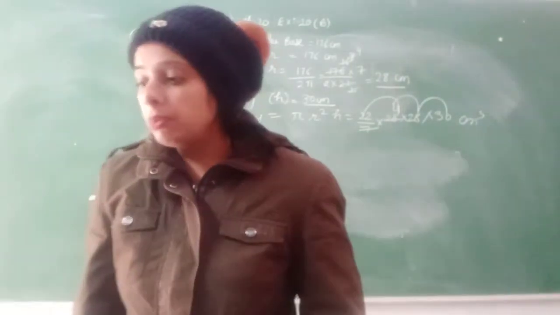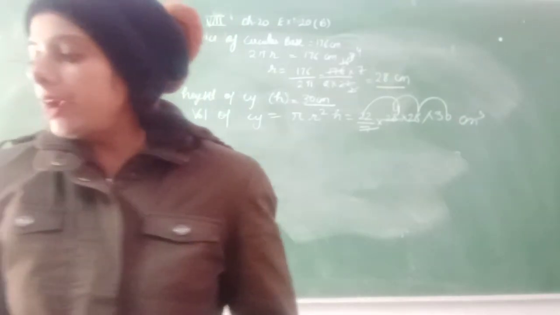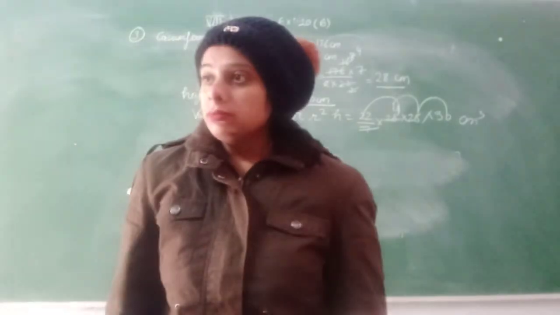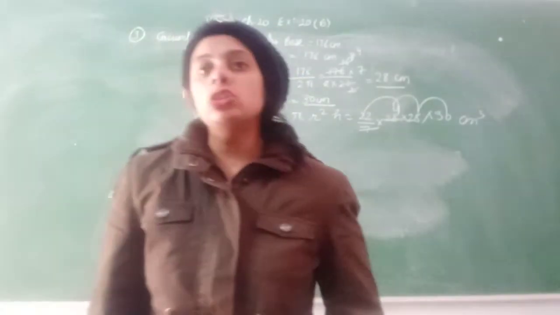Come to the question number 4. The radius and the height of the cylinder are in ratio 7 ratio 2.